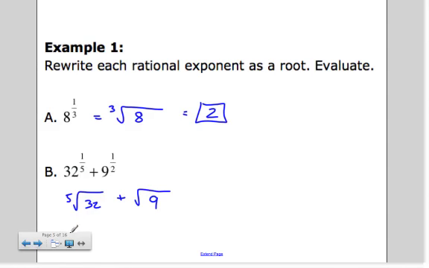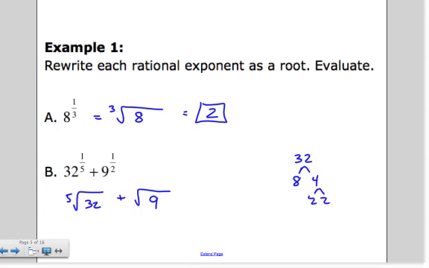Well, we know what the 5th root of 32 is. We know that 2 to the 5th is 32, and I can verify that. 32 is 8 times 4. 4 is 2 times 2, and 8 is 4 times 2. So how many 2's are there? 1, 2, 3, 4, 5. So 2 to the 5th equals 32.